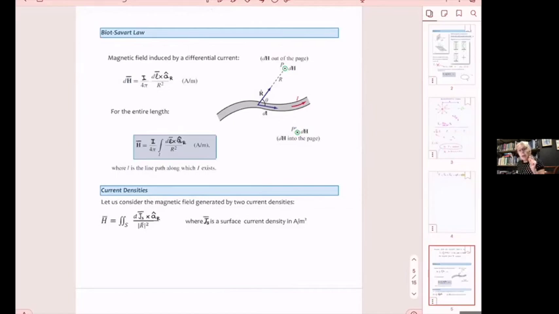The 1 over r squared, you will see it both in Coulomb's law and in Biot-Savart law. So there is a similarity. We call that duality. They are not identical concepts, they are different, but there is some kind of similarity between the two. So the dual to Coulomb's law for magnetostatics is the Biot-Savart law.